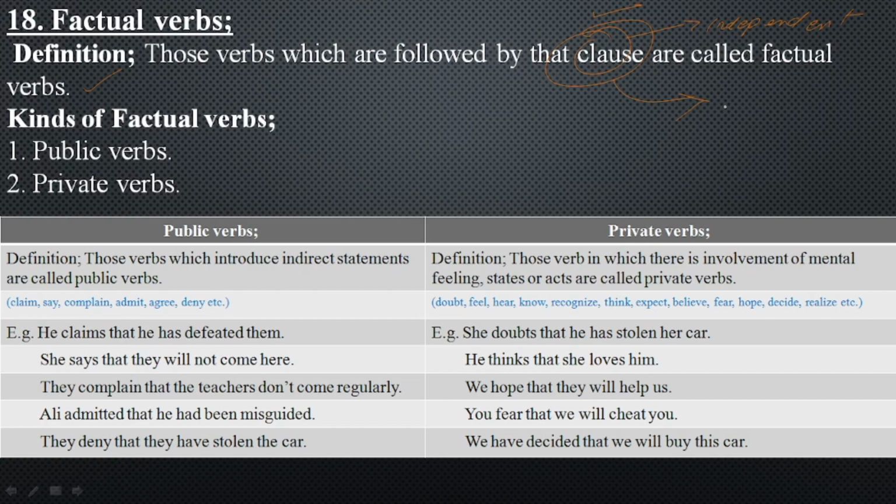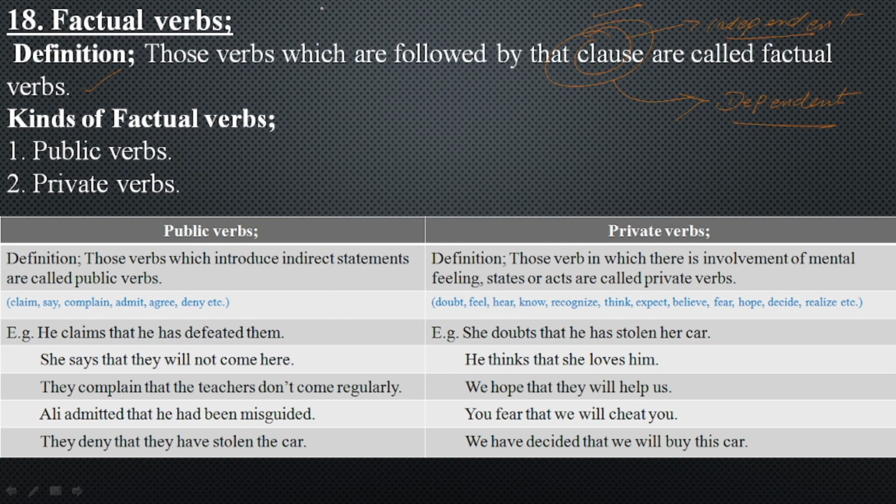And when it does not give clear and complete meaning, it is called a dependent clause. For the time being, you just need to understand that a clause is a group of words having subject and predicate. So those verbs which are followed by that clause are called factual verbs.